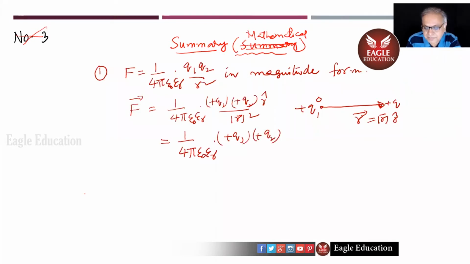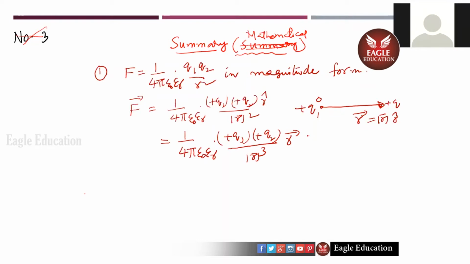Sir, K into q1 into q2, R bar by mod R bar whole cap. This is what I've already written. So this is the magnitude form, and this is the vector form, in two ways.